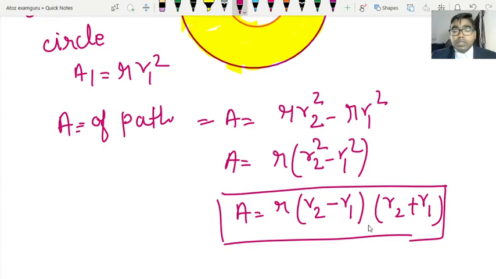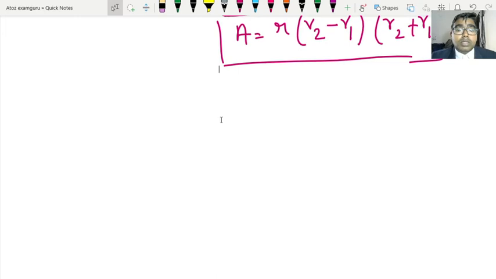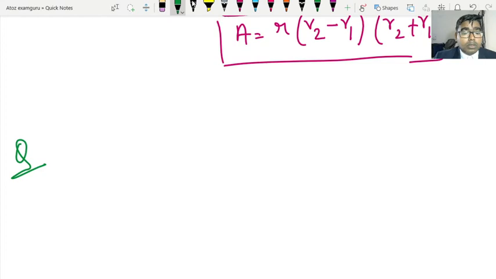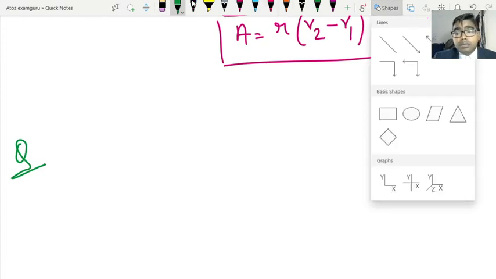Now let us see some questions. So let us see. Right friends, the question is, simply take this diagram.